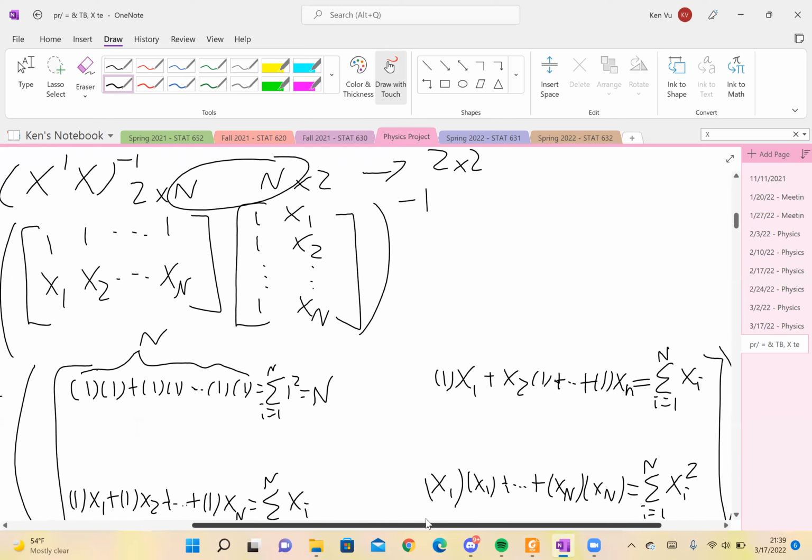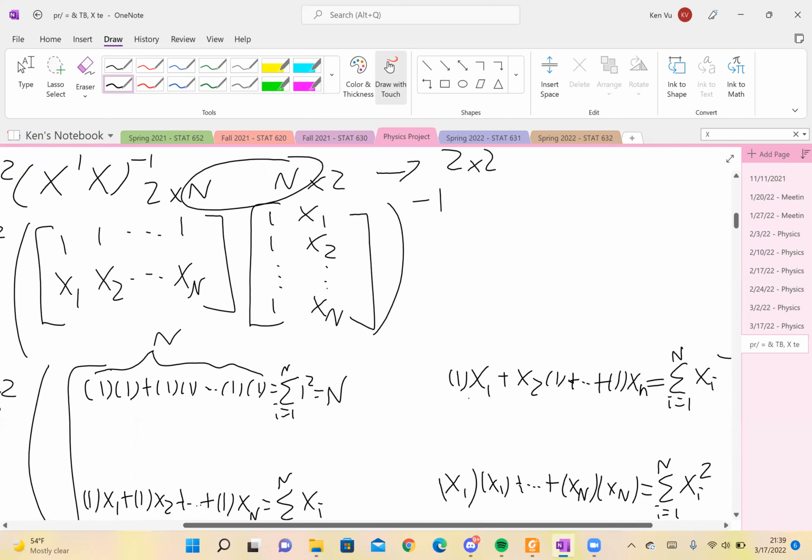That's done. Now for the second element, first row, second column, you do the same thing, except you multiply the first row of X transpose with the second column of X. So 1 times X1, 1 times X2, all the way to 1 times Xn.